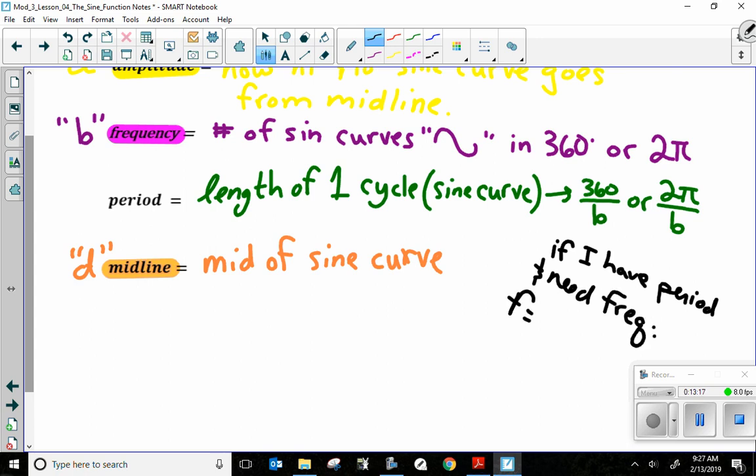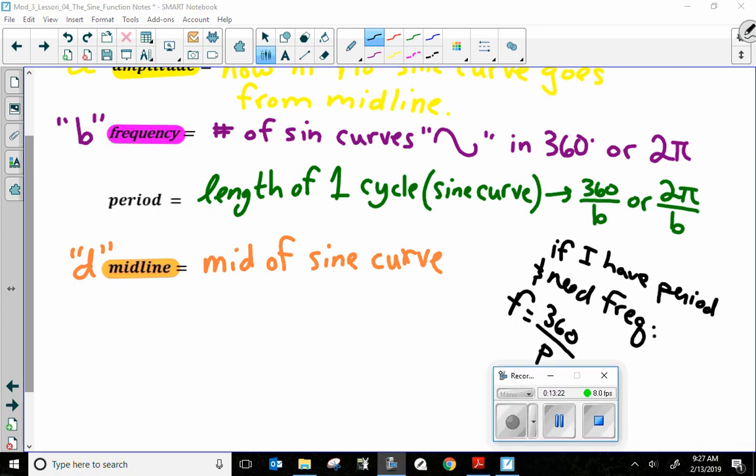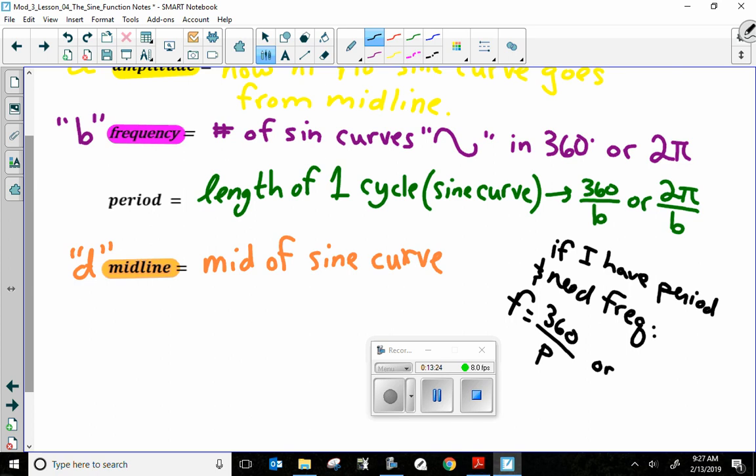My frequency would equal 360 divided by the period. I'll call period P. Or if it's in radians, it would be 2 pi divided by the period.